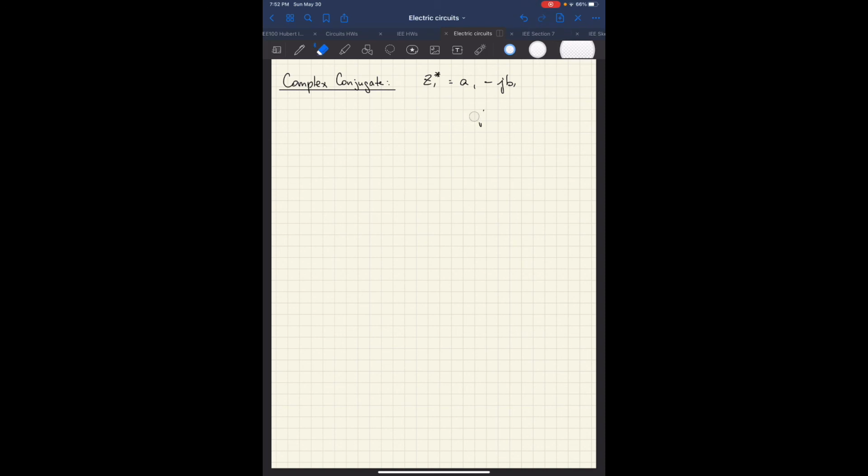If you were in polar form, nothing happens to the magnitude. However, that minus sign only affects the phase angle. So if you had a polar form, for example, let's call this 3 at an angle of 4.